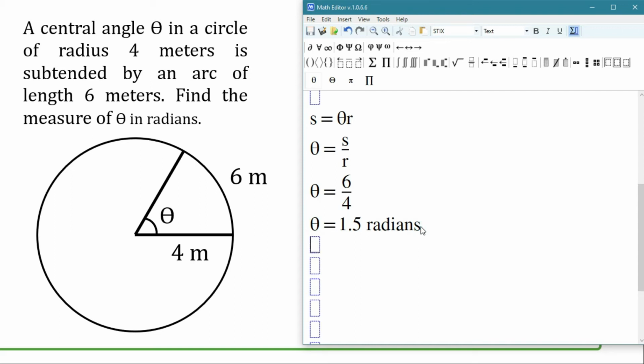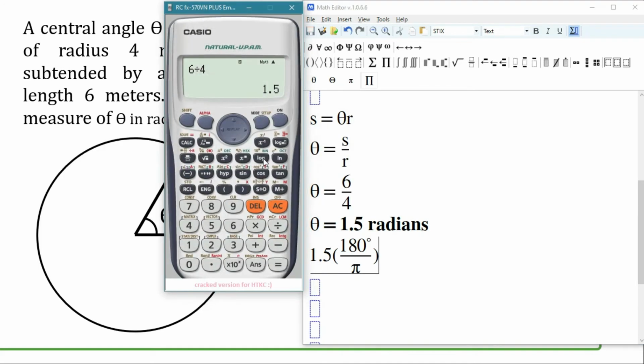But if we want to express our answer in degrees, minutes, and seconds, or the DMS form, we can convert this by simply multiplying 1.5 radians by 180 degrees over pi.